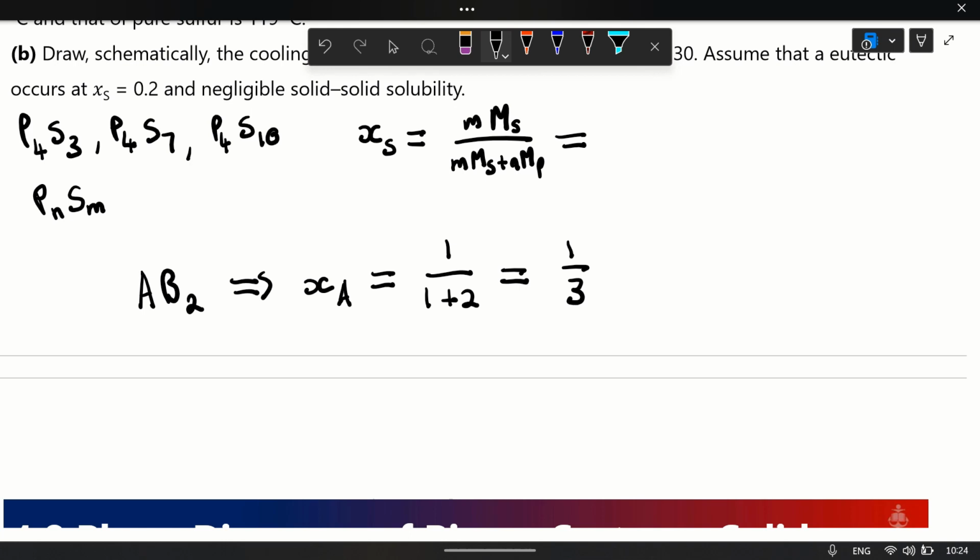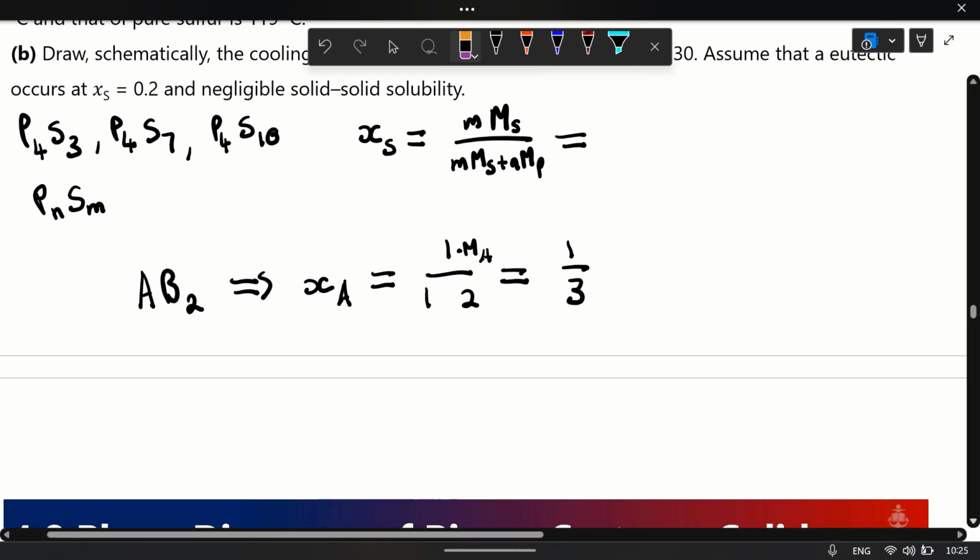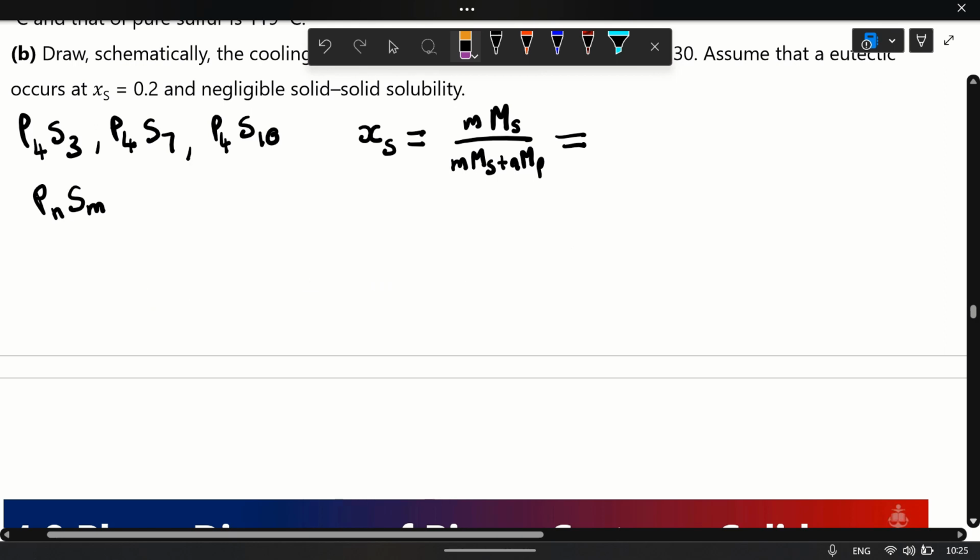Technically, that implies 1 times the molar mass of A over 1 times the molar mass of A plus 2 times the molar mass of B. But because we assume A and B are unimolecular, we don't always write that. In this case, phosphorus and sulfur aren't unimolecular and have different molar masses, so we have to take that into consideration when we calculate.